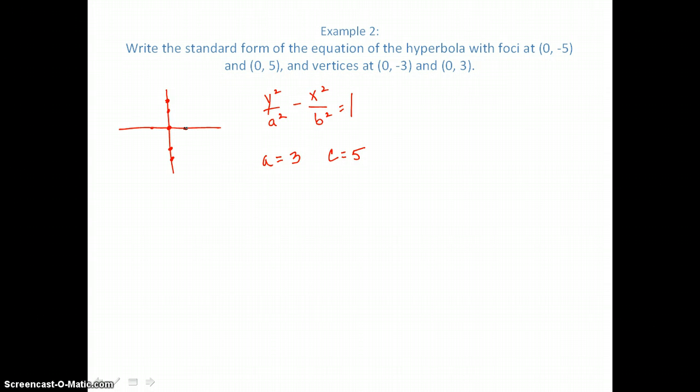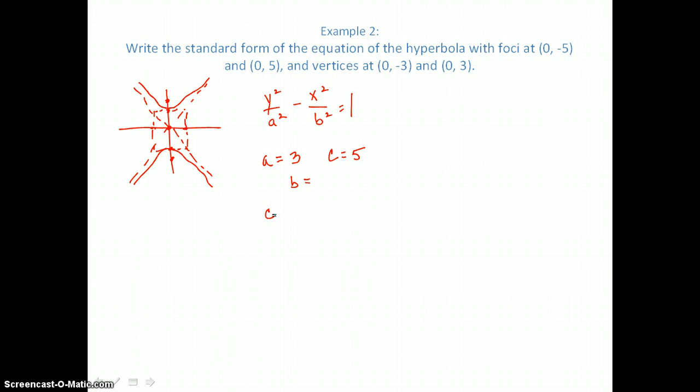I don't know the distance that those points are from the center that will allow me to build this box for this hyperbola and draw those asymptotes through the corners of the box and the center, and then sketch the branches of this hyperbola traveling through the vertices and following those asymptotes. So I need to find b, because in order to write this equation I need both a and b.